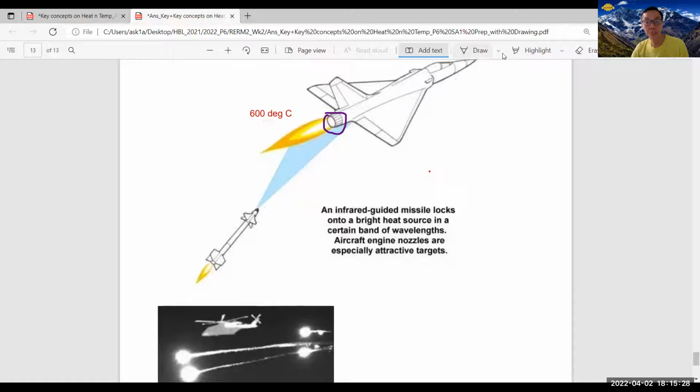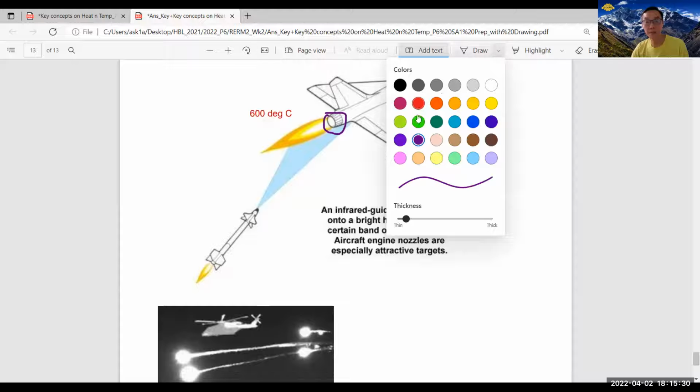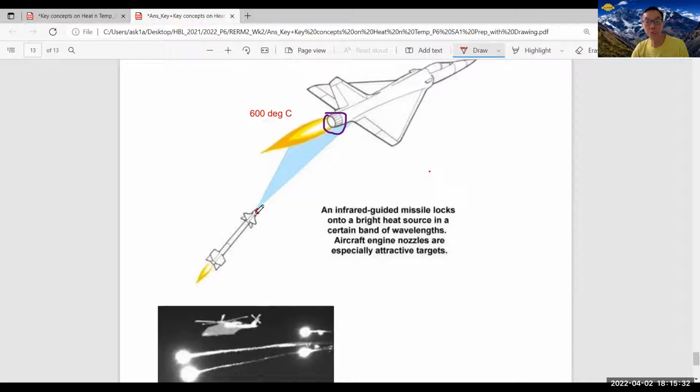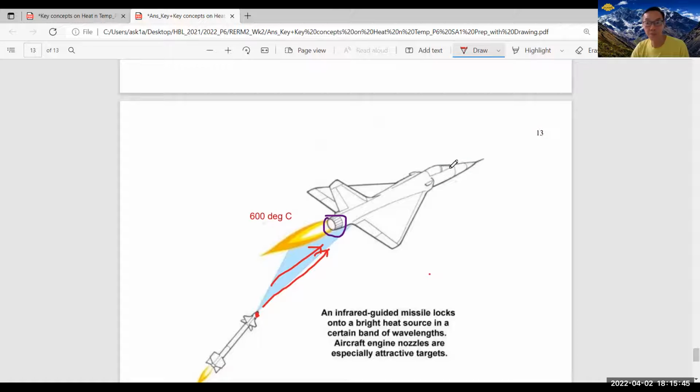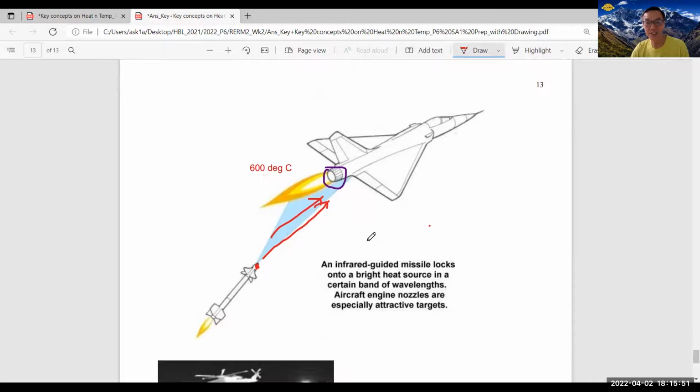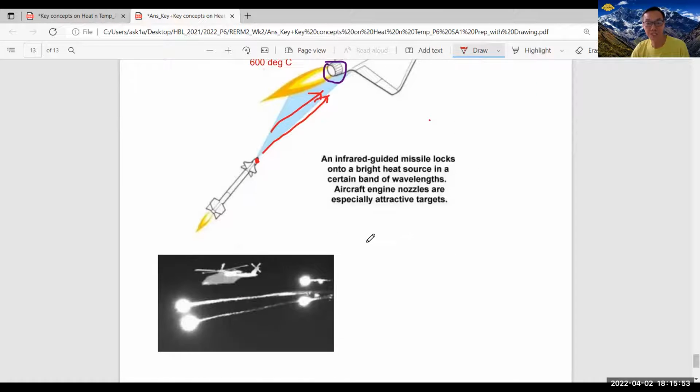So this heat-seeking missile has the ability to detect the heat source from the exhaust. So this anti-aircraft missile will keep following the heat source. If you are a pilot in this plane, it's quite dangerous, right? If the missile hits you, you get killed or seriously injured.